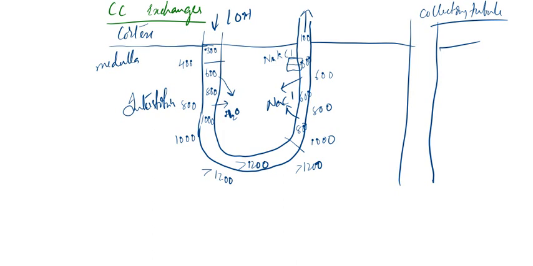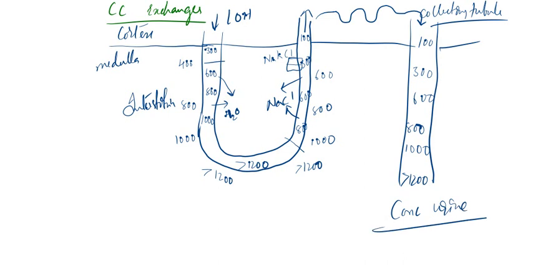Now if you take the collecting tubule, you have finished the loop of Henle, then the distal convoluted tubule, and the urine comes towards the collecting tubule. The hypotonic urine enters, and slowly the tonicity of the urine increases again: 600, then 800, then 1000, and finally hypertonic or concentrated urine comes out.